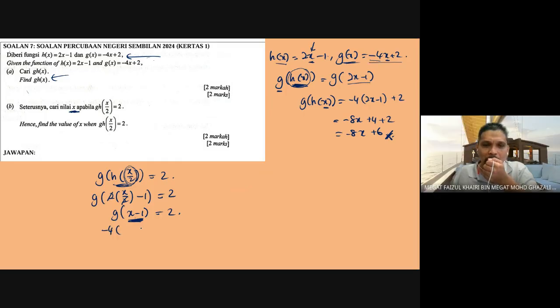Now substitute x minus 1 into x of the function g. What is the function of g? Negative 4x plus 2 equal to 2.